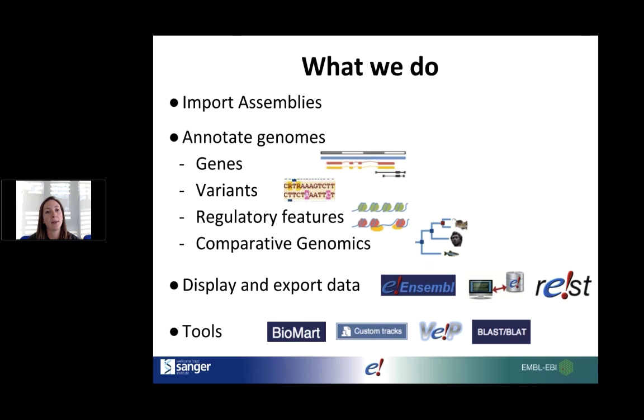We also get variant data and add that to the genomes. We get regulatory data, and then we annotate the genomes with those regulatory features. And then based on all of the genomes that we have in Ensembl, we do comparative genomics with all of those species. In addition to annotating those genomes, we provide a way to display and export that data.